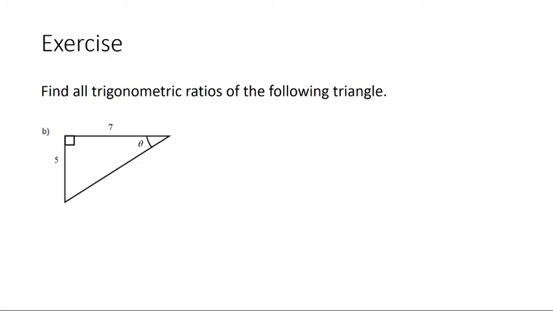For this exercise, we want to find all the trigonometric ratios of the following triangle. Again, we need to look at the information given in this figure. And we find that we have a value of 5 for opposite, a value of 7 for adjacent, and we want to find the hypotenuse side and also the angle.